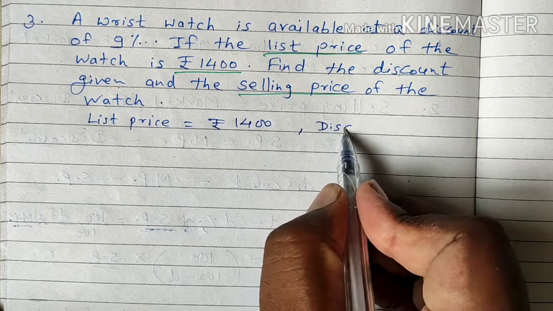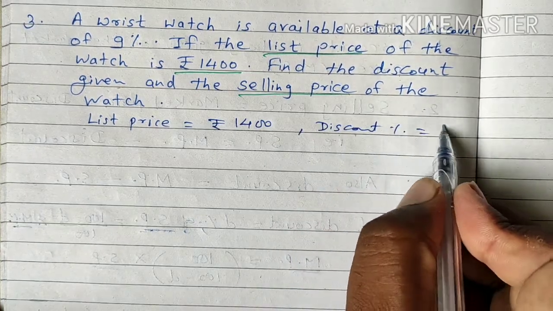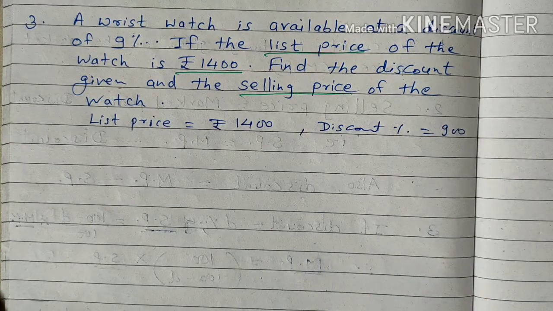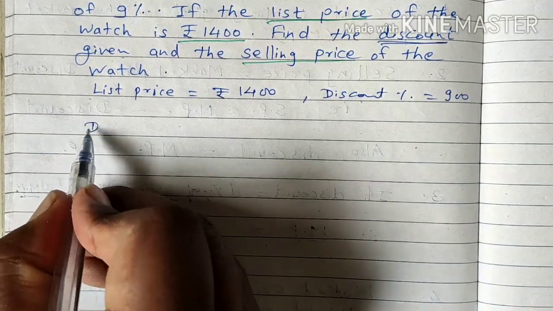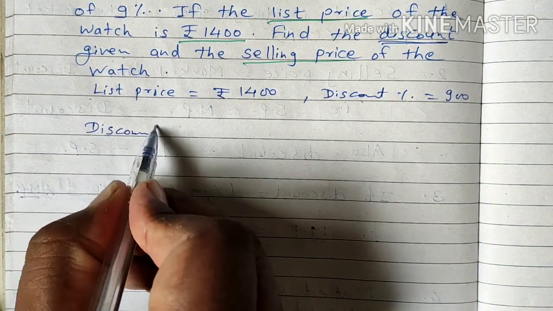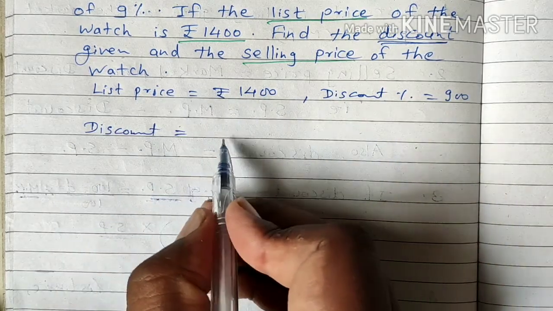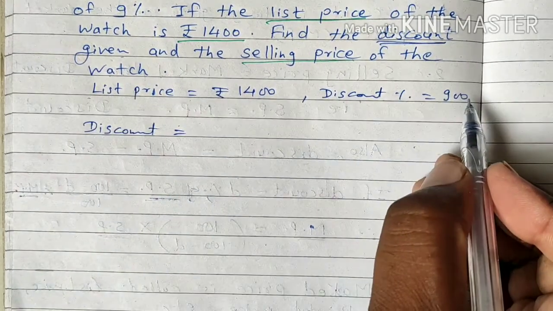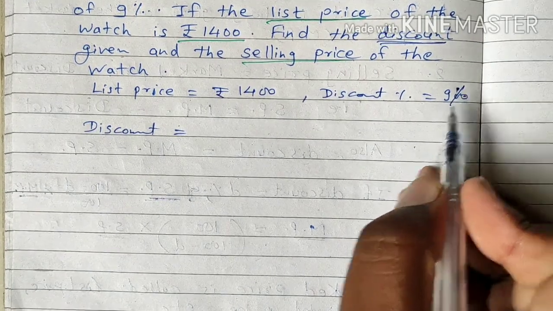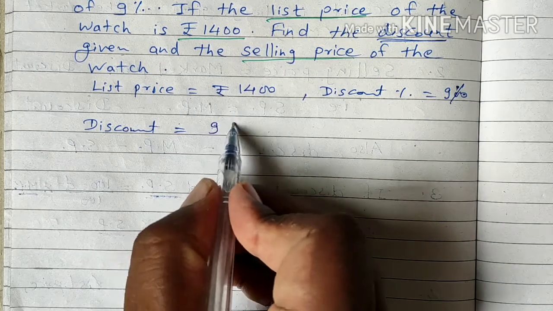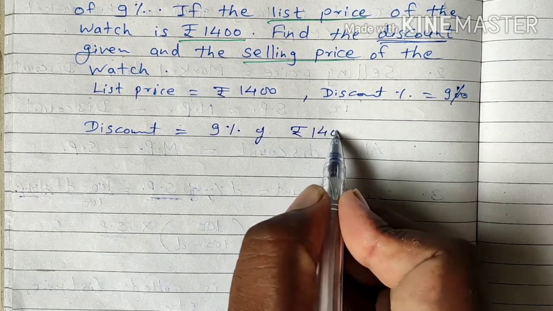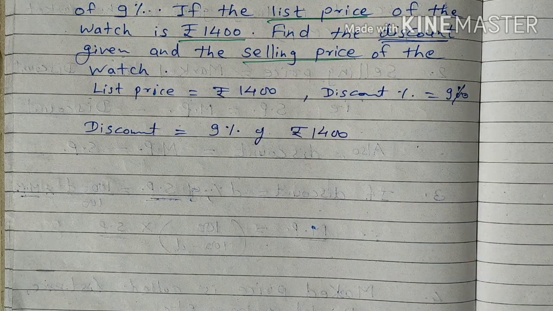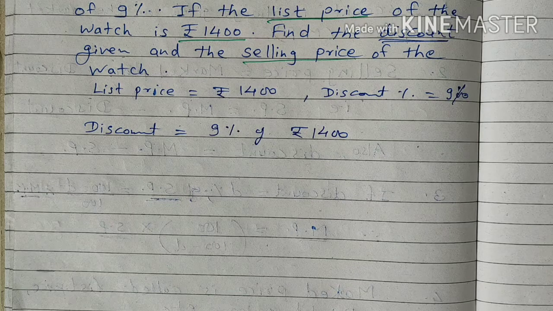Then discount percent is 9%. Correct? Our question is to find the discount first. The discount is always given on the list price, so we can find the discount by 9% of the list price, that is 9% of 1400.